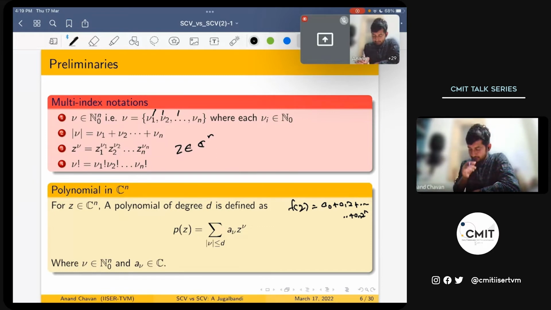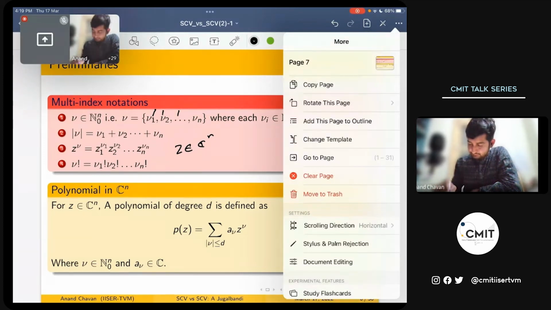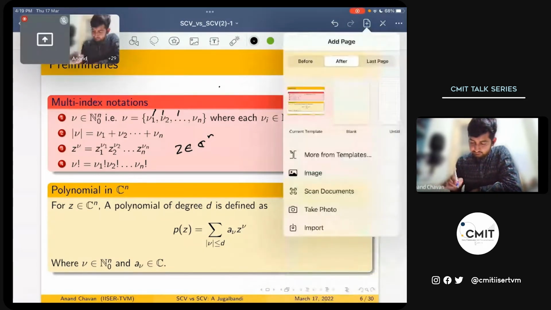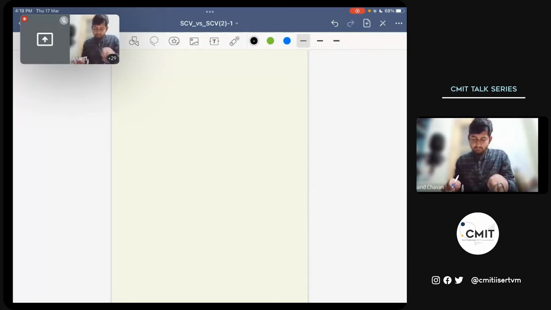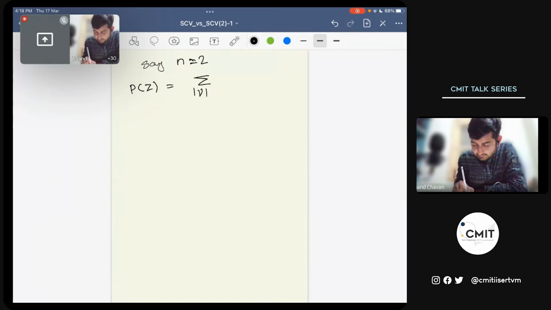Let me elaborate with an example. We'll just take a case: let's say d equal to 2 and n equal to 2. Then p of z will typically be the summation over mod nu less than or equal to 2 of a nu z nu.